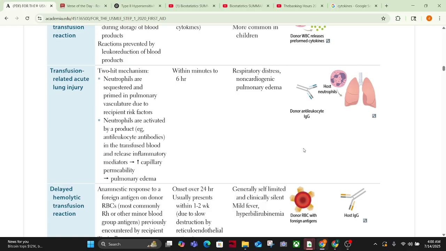And then these anti-leukocyte antibodies make the neutrophils in the host go and accumulate in certain parts of the lungs. And the neutrophils become activated and release inflammatory mediators, and this will cause increased capillary permeability and pulmonary edema in the host.